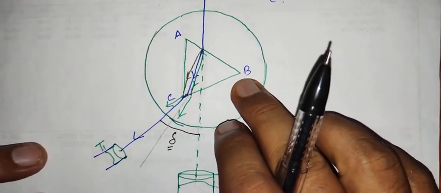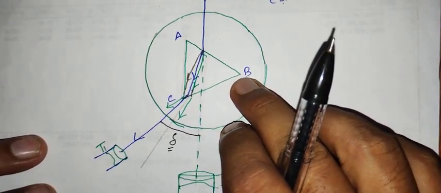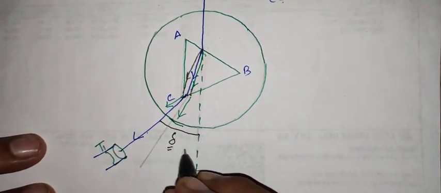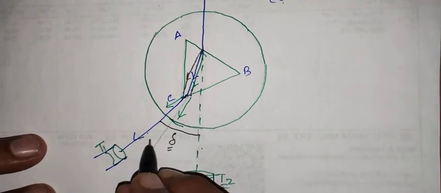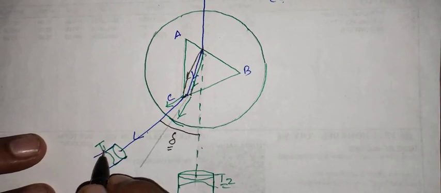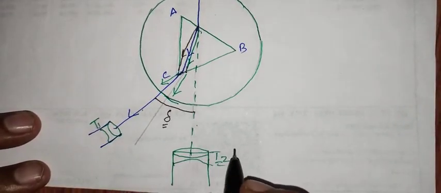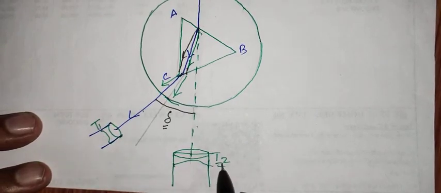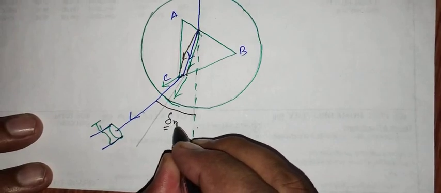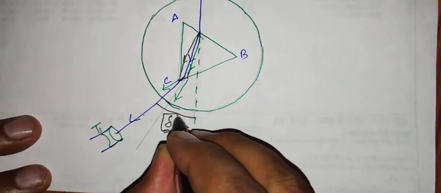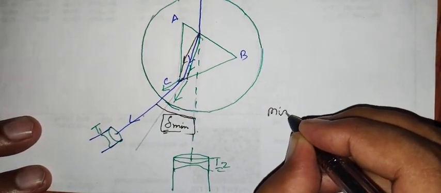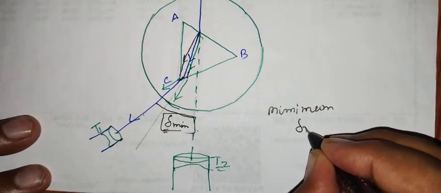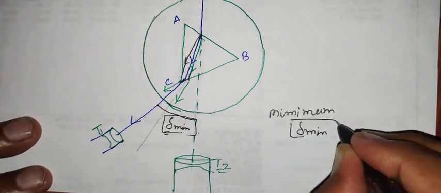So on moving the position of the prism table in such a way that the angle of deviation, measured by the difference of the positions T1 and T2, gets a minimum value, then it is called the minimum value of the angle of deviation, delta minimum.